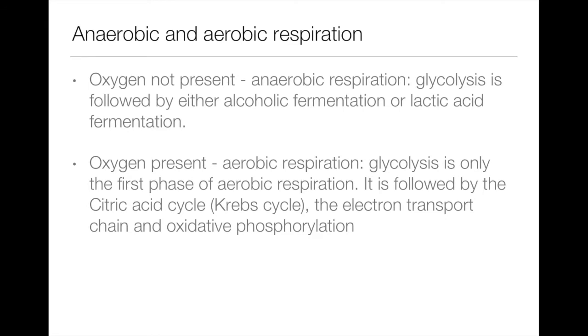And now there are two types of cell respiration, anaerobic and aerobic. The word aerobic comes from the Greek word aero, which means air. And what is the main constituent of air? Oxygen. So when we say aerobic, we mean oxygen present.